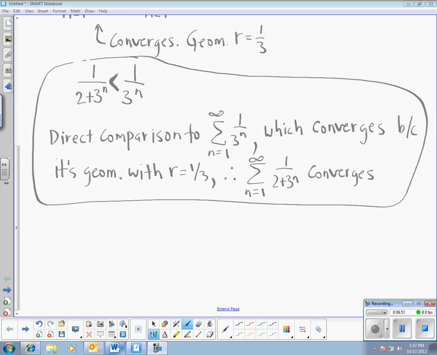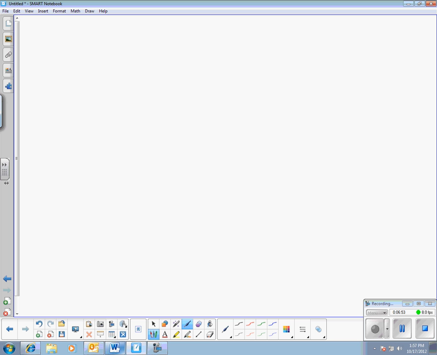Okay, so the next test is a sort of a form of this one, and it's called the limit comparison test. This comparison test is useful when you can't quite make a direct comparison. And the rules of the test are this.